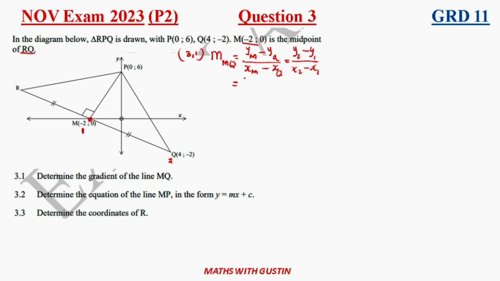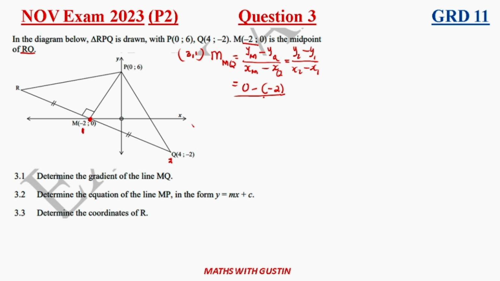Wait a minute, no, sorry guys, I'm substituting wrong here. The y at M is 0 minus the y at Q, which is -2.